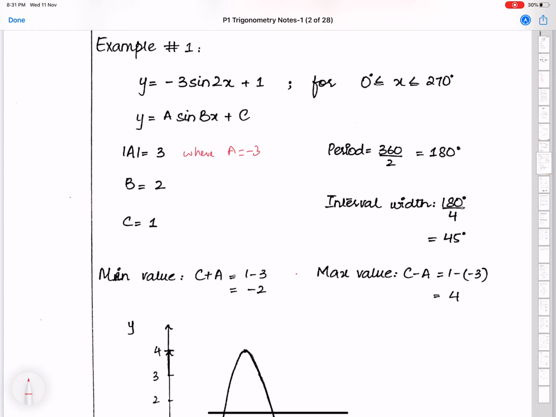Now, first work for period. The formula of period is 360 upon b, and b is 2. So the period is 180 degrees for this curve. And interval gaps will be 45. And the minimum value is -2 and the maximum value of y is 4.